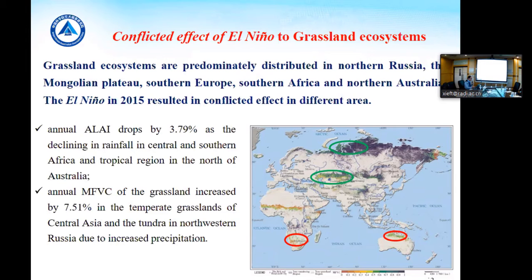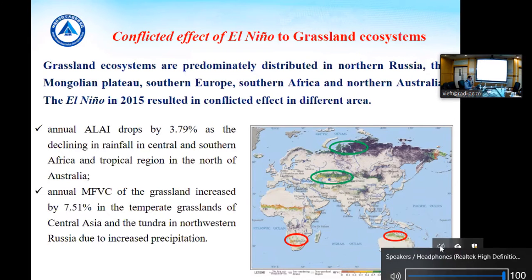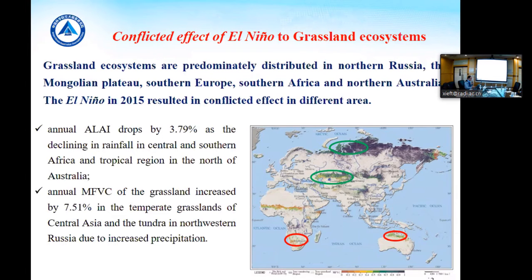The El Niño in 2015 resulted in conflicting effects in different areas, and the annual ALAI dropped by nearly 2 to 4% and there was a decline in rainfall in Central and Southern Africa and tropical regions in the north of Australia.